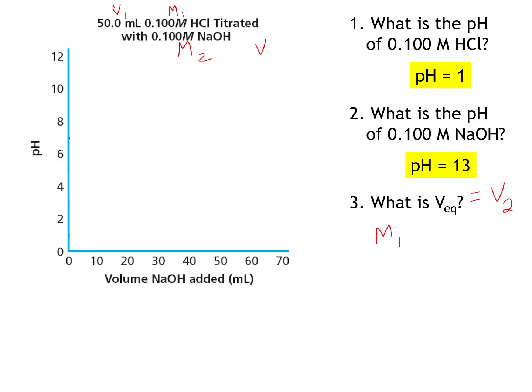So we do M1 V1 is equal to M2 V2. You plug in the numbers, and so 50 times 0.1 is equal to 0.1 times 50. Not a real surprise in there. This is just to demonstrate what the titration curve is going to look like.